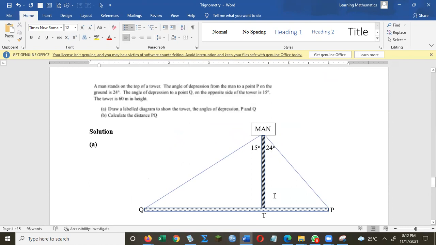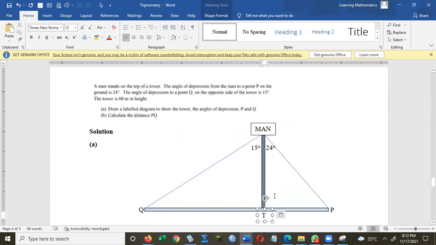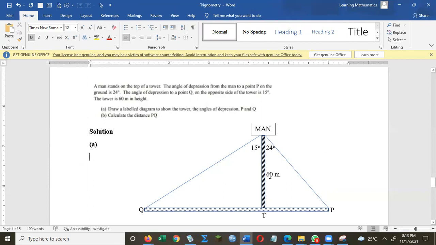Oh, by the way, the pole is 60 meters, so I might have lost a mark there. We have to put the 60 there. So now the diagram is complete. I forgot to put the 60 meters. So 60 is adjacent to 15. 60 is next to 15.